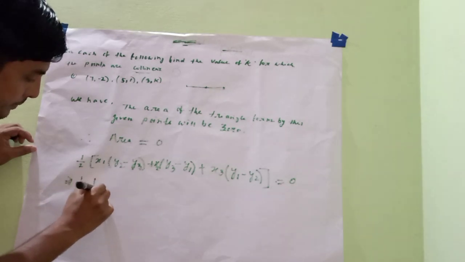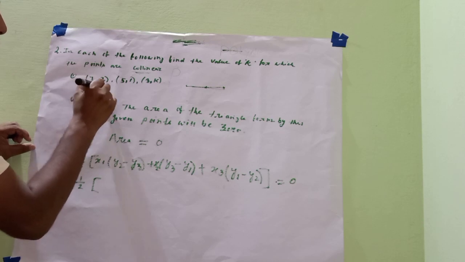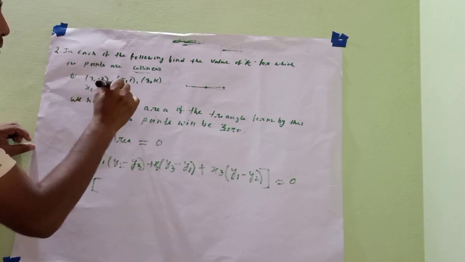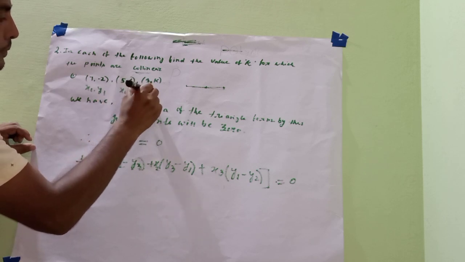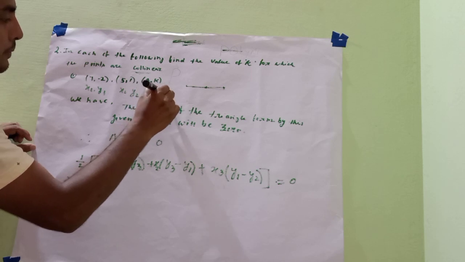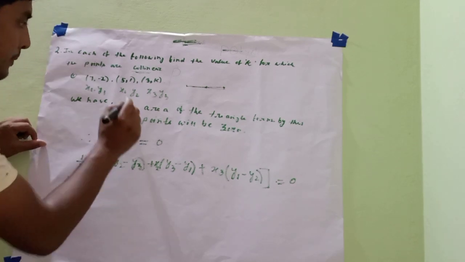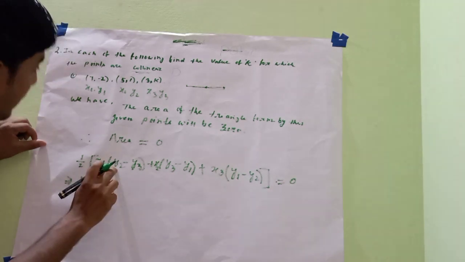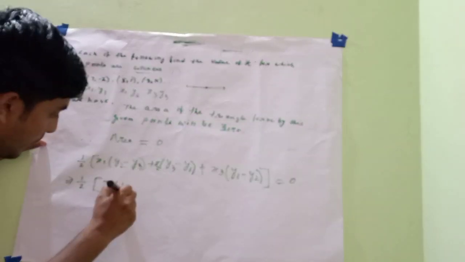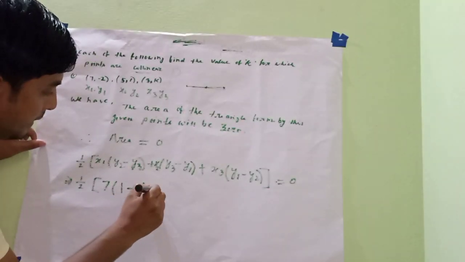Now put the values. Half. What is x1? This one. I told you already, you can write x1 y1, x2 y2, x3 y3 using a pencil. Then x1 is 7, y2 is 1 minus y3 which is k.